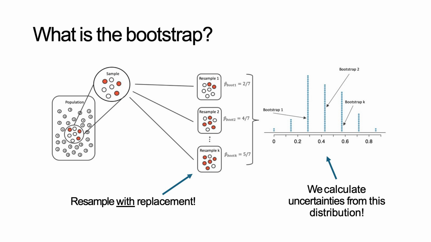What is the bootstrap? Well, let's suppose we have a population of things we want to estimate. Think of it as the ocean, if you like, and we take a sample from that ocean. You can almost think of it as putting a bucket in, and that is the data.